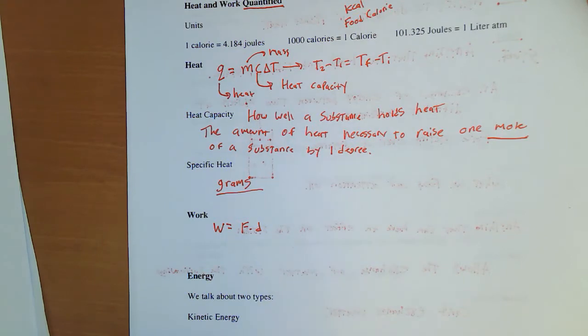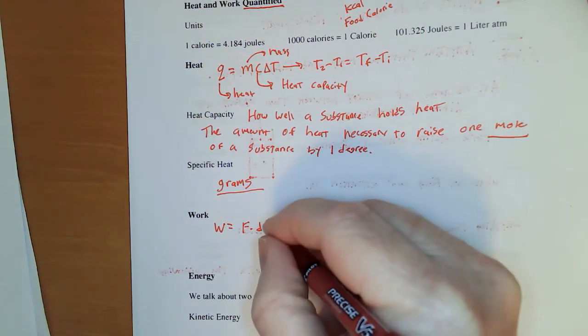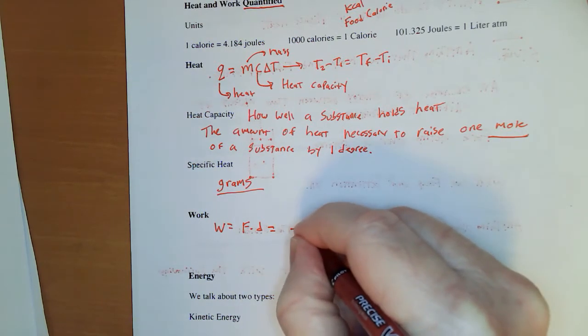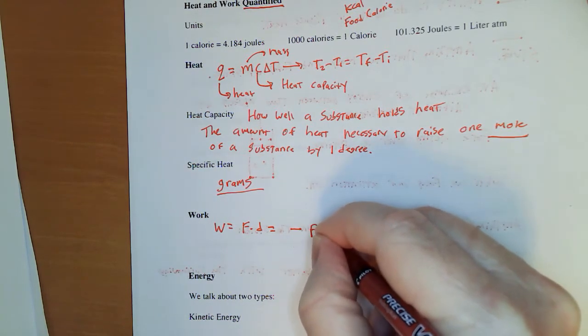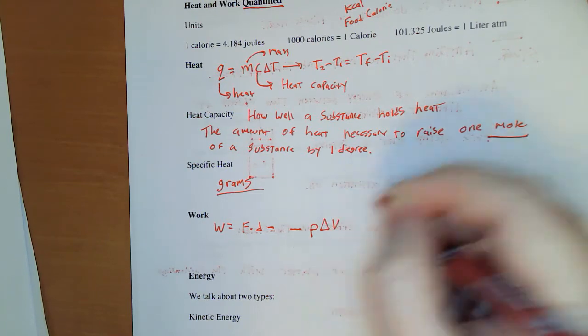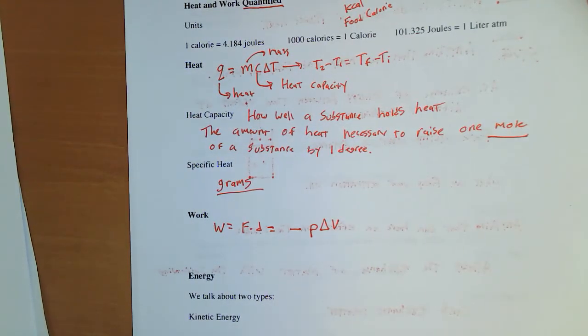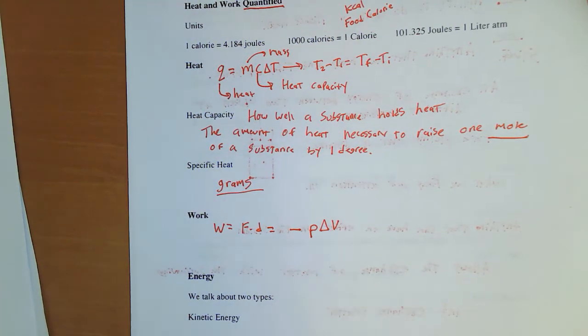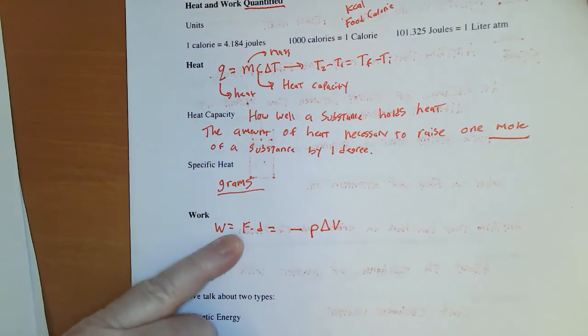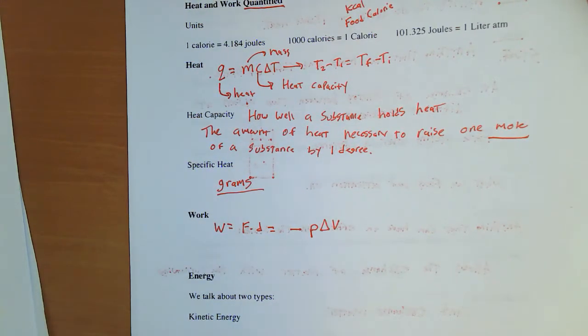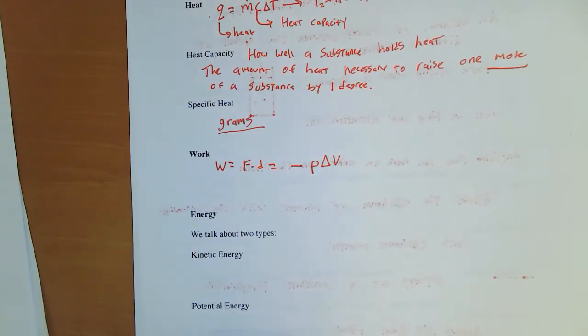But in a chemistry class, we're not pushing cars up inclined planes and stuff like that. So our definition, negative P delta V. What we're really talking about here is the expansion and contraction of gases. Okay? Cool. We will probably not actually have to calculate that so much. Don't worry about it.